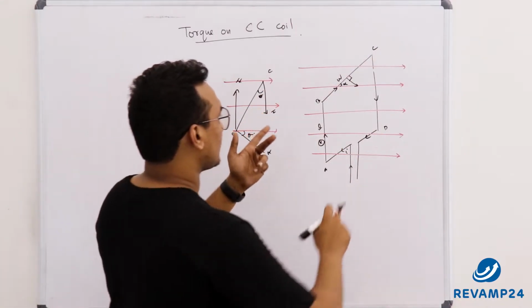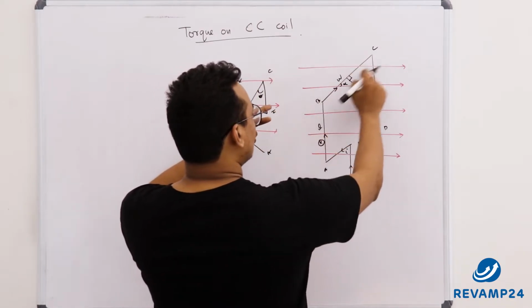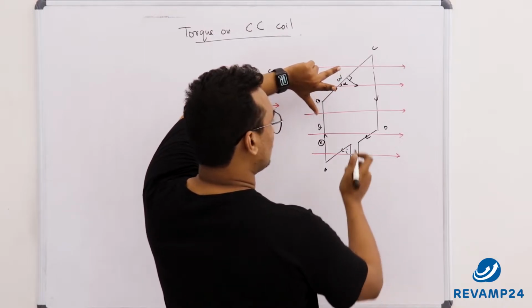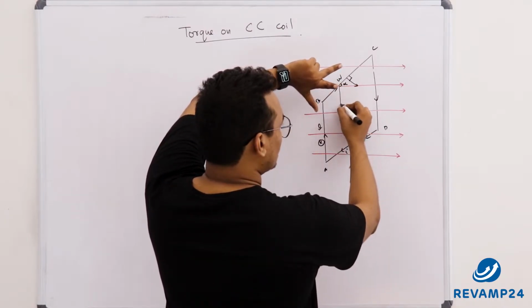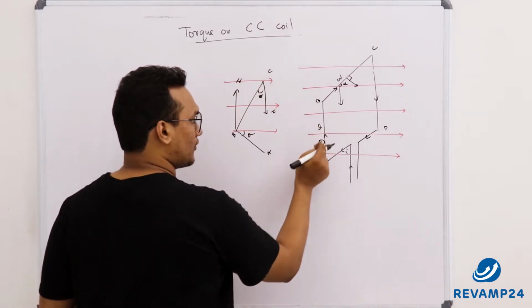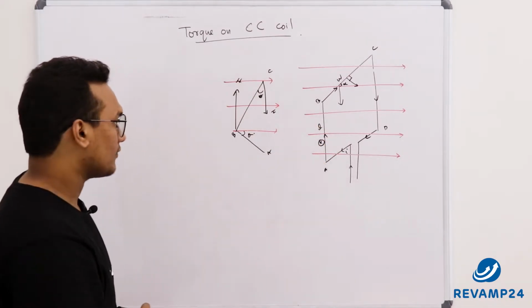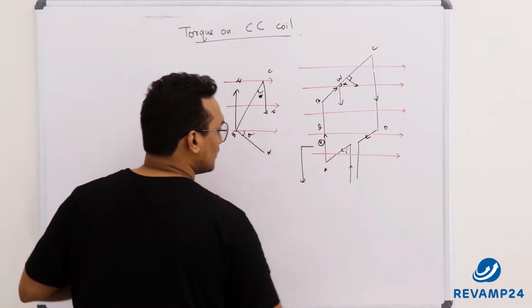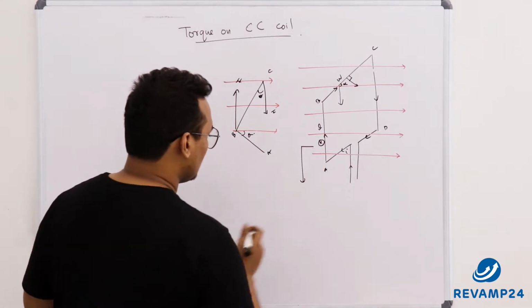Now we will also see the magnetic force exerted on BC. So we have current going in this direction, magnetic field in this direction. So what will be the direction of force? Direction of force will be this. And I forgot to give you the magnitude of force. What is the value of magnetic force here? Magnitude of magnetic force, FB.